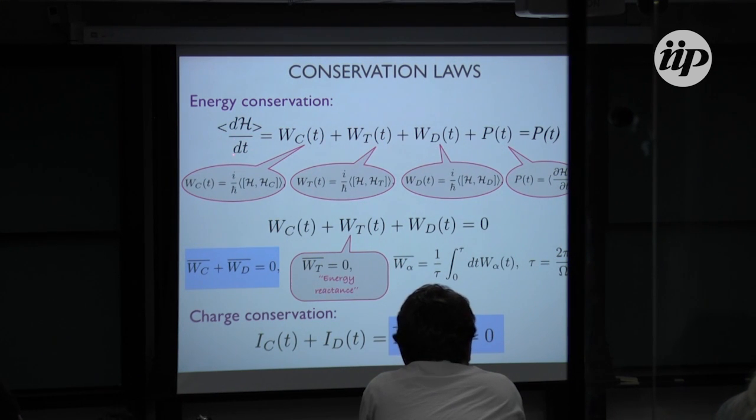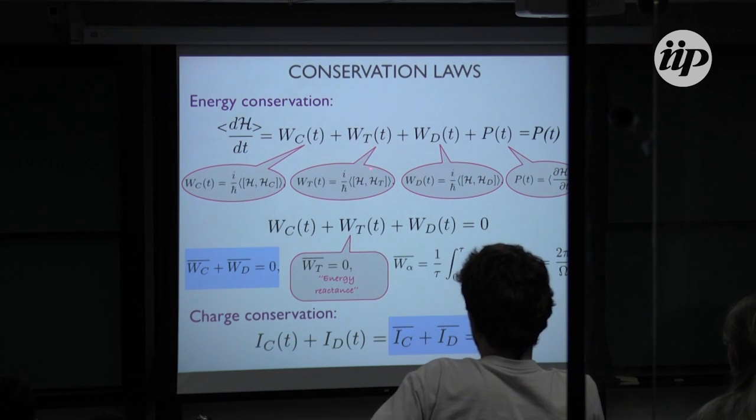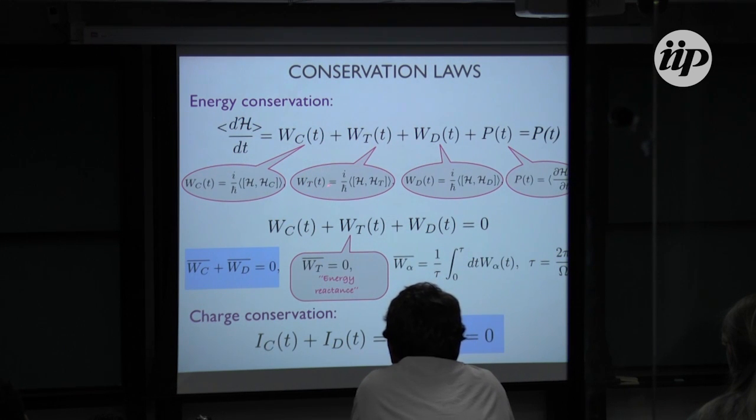Instead, when we look at the energy conservation and consider the average of the variation in time of our Hamiltonian, we have this quantity which defines the energy flux into the reservoir, this quantity which defines the energy flux into the quantum dot, but we also have these additional terms which express the variation in time of the energy stored in the contact region between the quantum dot and the reservoir.